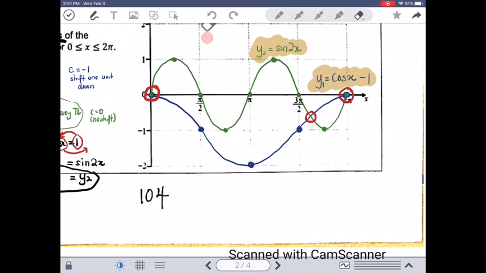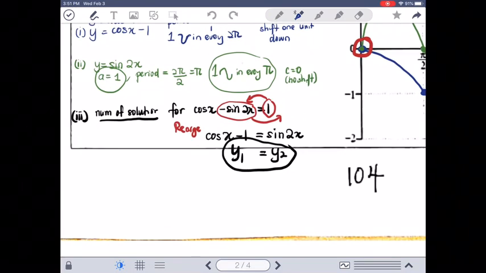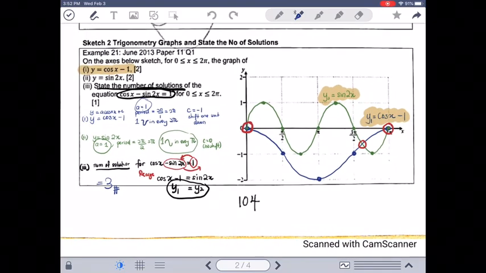So the answer for this question is 3. There are 3 points where y1 equals y2, so the number of solutions when y1 equals y2 is just 3.